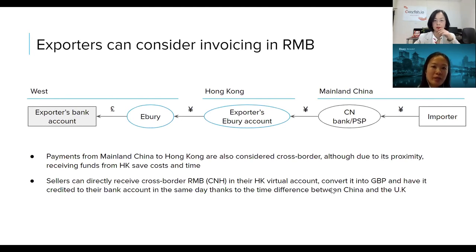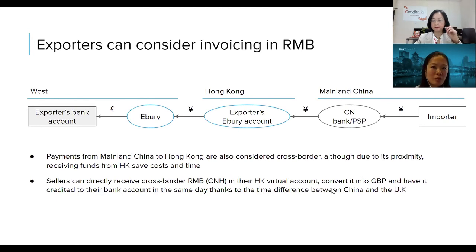And then because there are right now 7 hours time difference because of summertime between China and the UK, IBRI could convert this RMB directly into pounds and directly credit these funds into the exporter's designated bank account in the UK so that they will receive it in the morning UK time, so that funds will be received instantly.